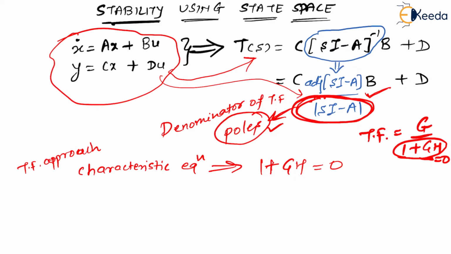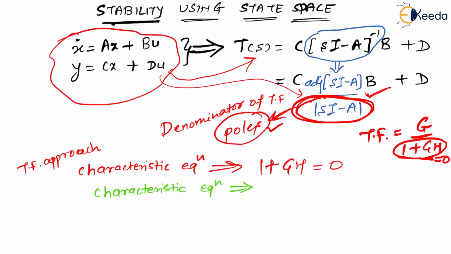So we are going to have a new characteristic equation. Actually the concept remains the same. Just think about it: in our transfer function approach we did so many things related to stability.